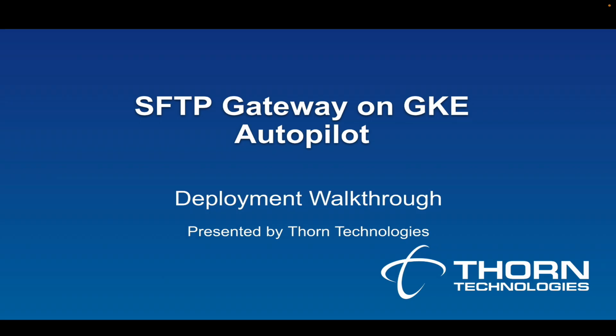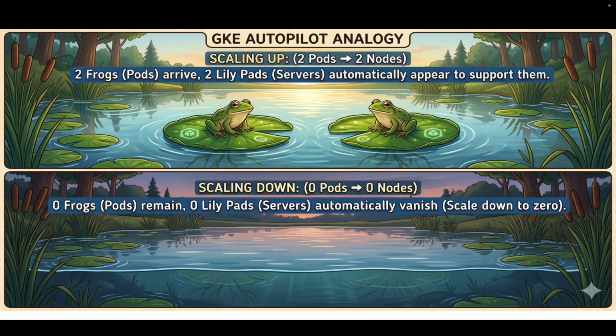Let's get started. So if you're not familiar with GKE Autopilot, this is probably the easiest way to deploy containers on Google Cloud. And the reason for this is Google Cloud manages the entire Kubernetes infrastructure. And here I have an analogy. Instead of containers, you have frogs, and instead of the underlying Kubernetes server infrastructure, you have lily pads.